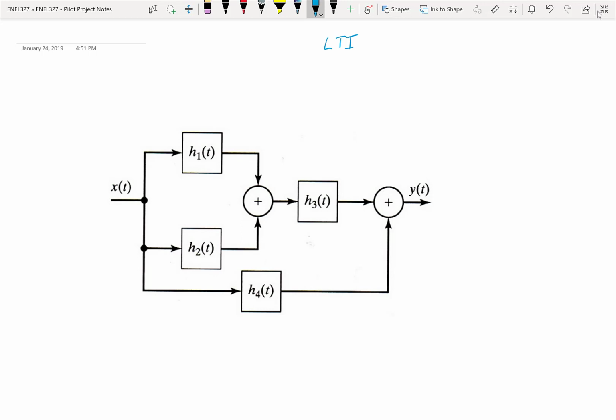So we can take a look at x going in here. On the output, we should have x convolved with h1. Here we should have x convolved with h2. Then if I add them together, I have x convolved with h1 plus h2.